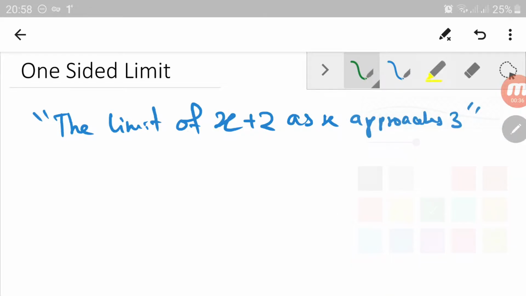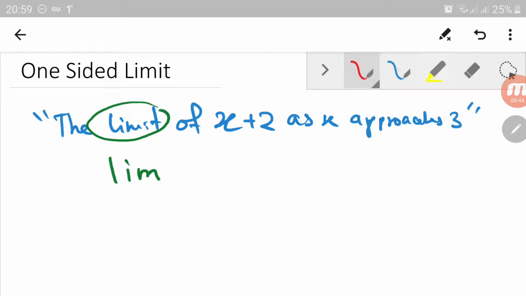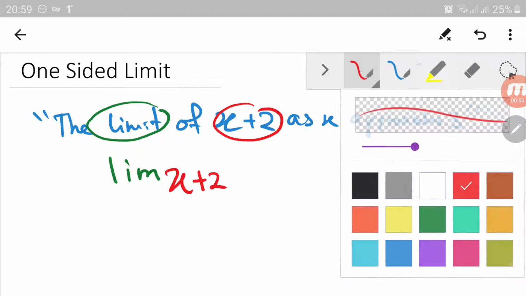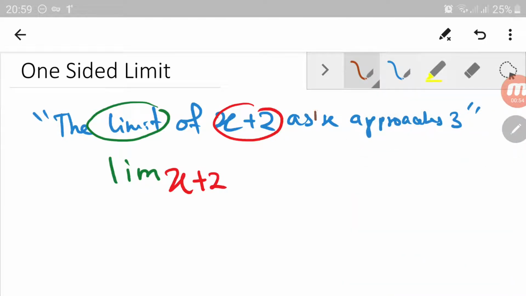We write the lim over here, and then next we write the function x plus 2, and then as x approaches 3, I write x approaches 3. As you can see, that is the order and that is the way of writing it.